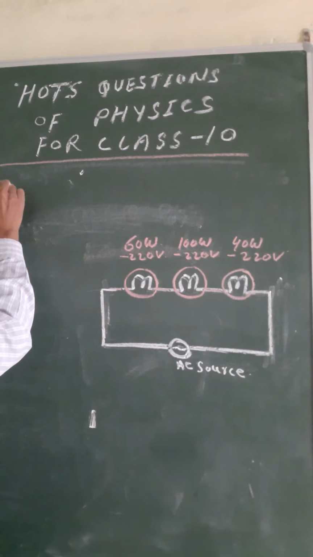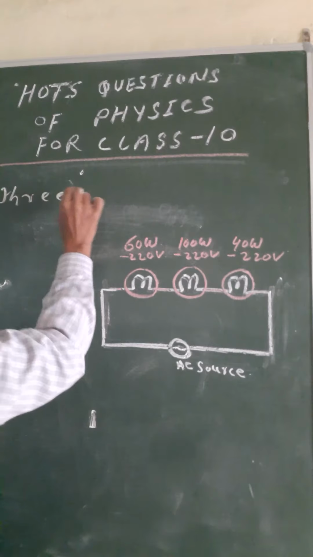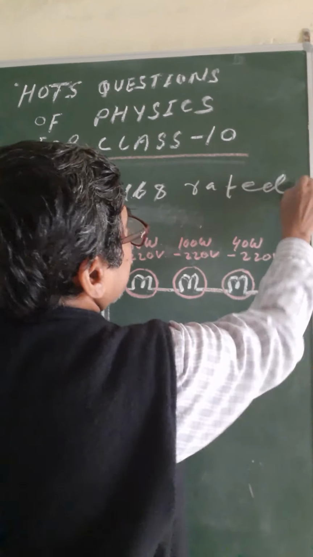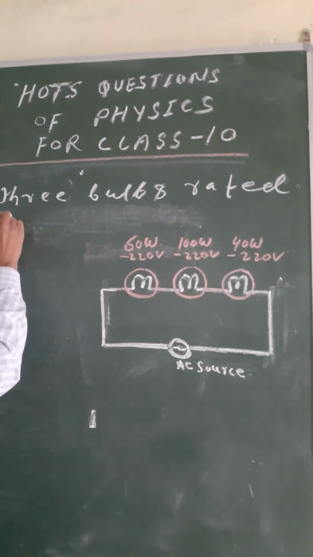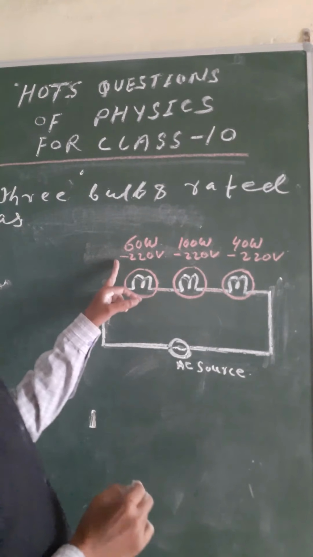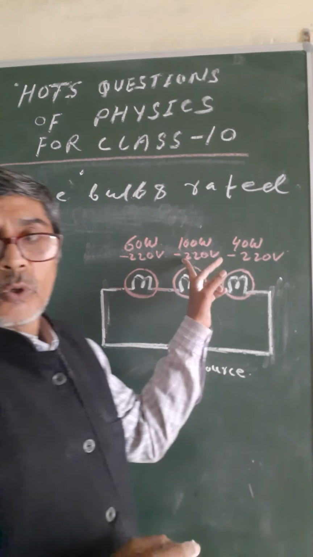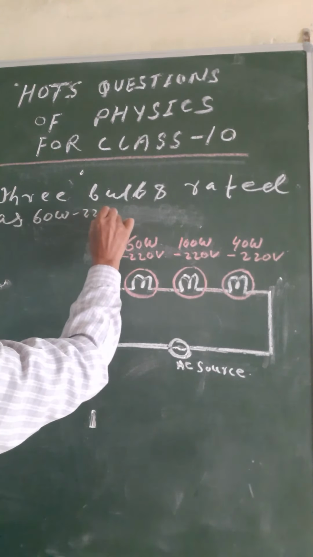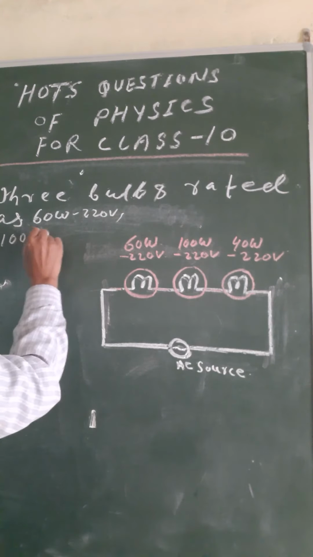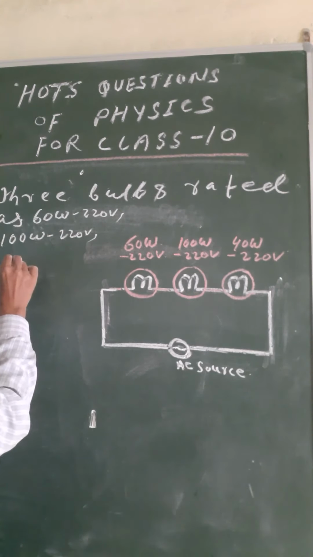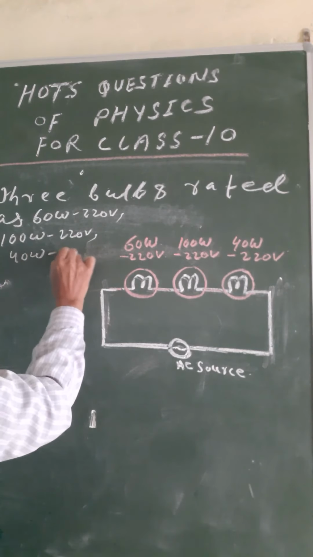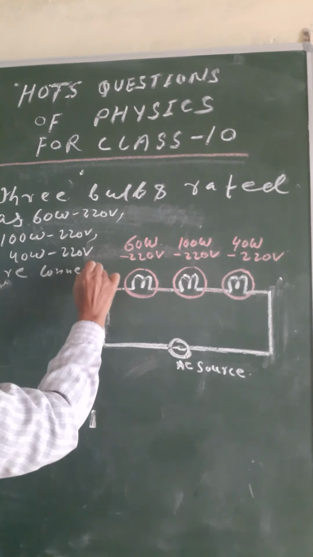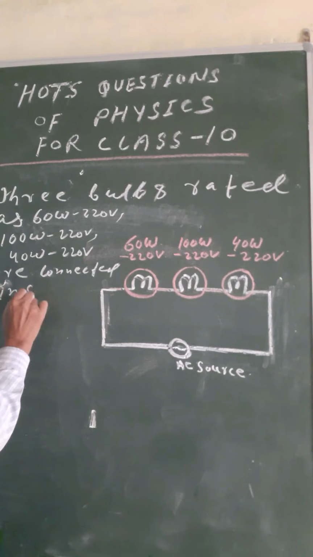So the question is that 3 bulbs rated as 60 watt 220 volt, 100 watt 220 volt and 40 watt 220 volt are connected in series.